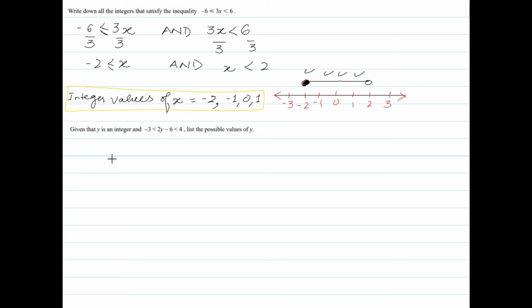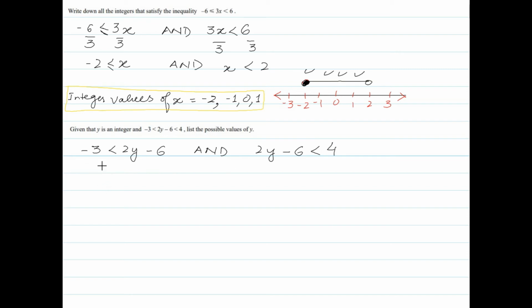So let's proceed to the last question. Again, a compound inequality, a more complex one. Now let's split it up. So minus 3 is less than 2y minus 6, and 2y minus 6, the whole of the middle term, is less than 4.